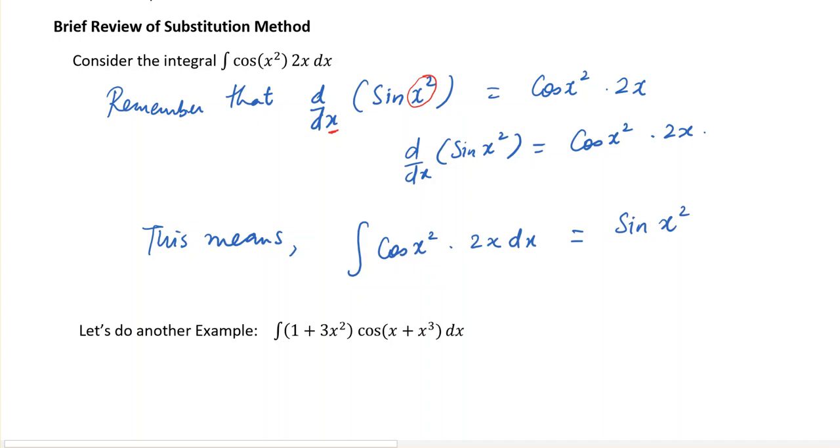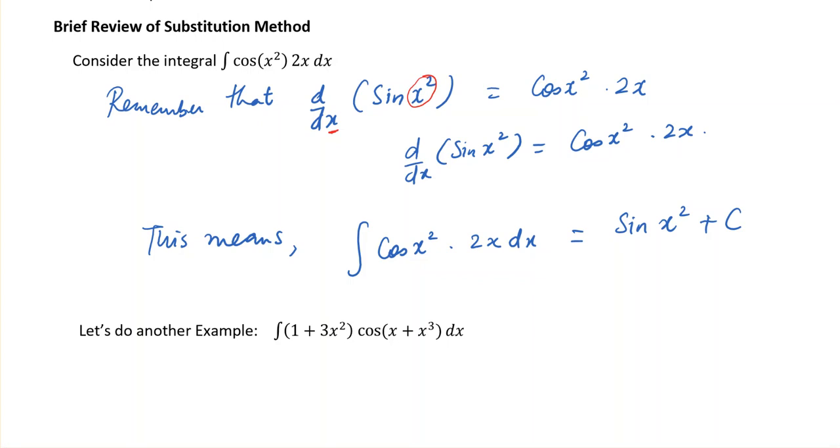So we were able to do this example using our knowledge about derivatives. And one thing we are noticing here is that we are really reversing the process of the chain rule. And of course, in case of indefinite integrals, we always add plus c.